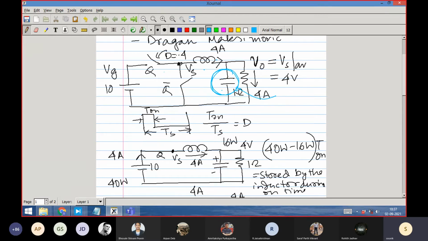As if the energy is being provided by the inductor. The capacitor is always maintaining the same level of energy. It is neither giving nor taking. The inductor is both giving and taking. It is taking the energy from the input source and giving it to the load.